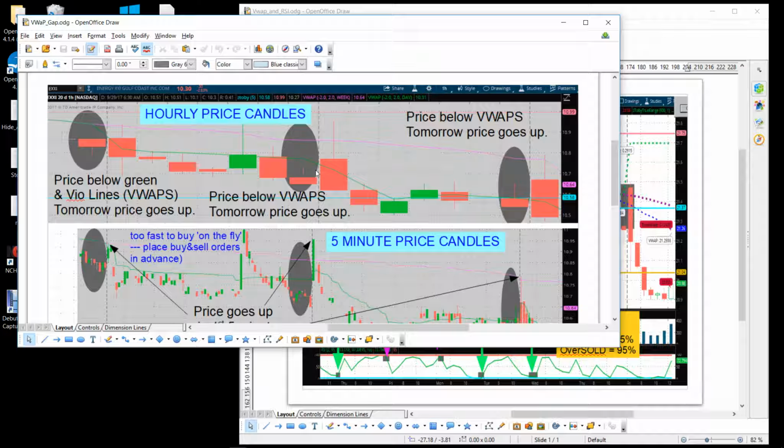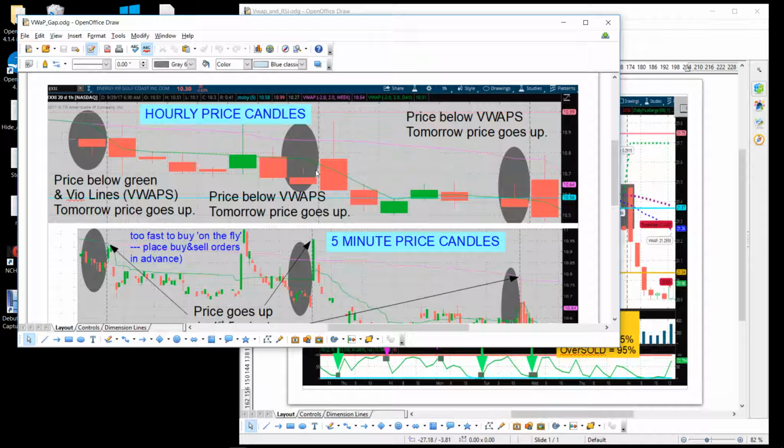Another reason why volume is important: let's say that the price of a stock has been going up and up and up, but the volume is really low. One strategy says that if the volume is low and low and low and the price is going up, it's kind of a false price and it will come back down. So people study the volume.